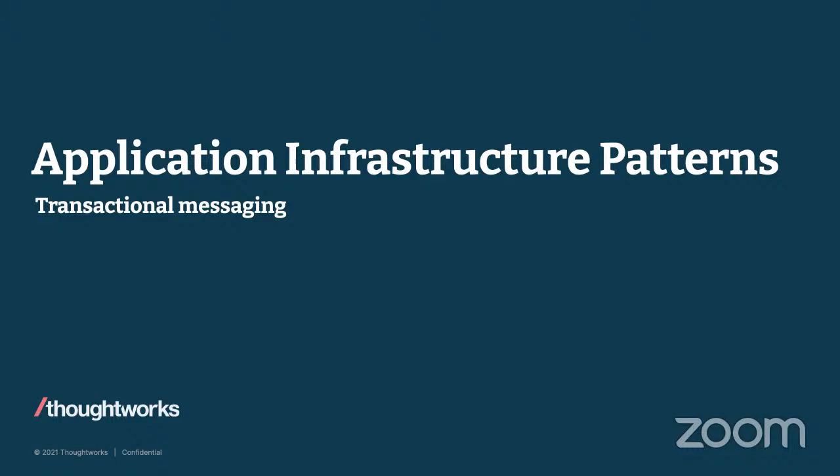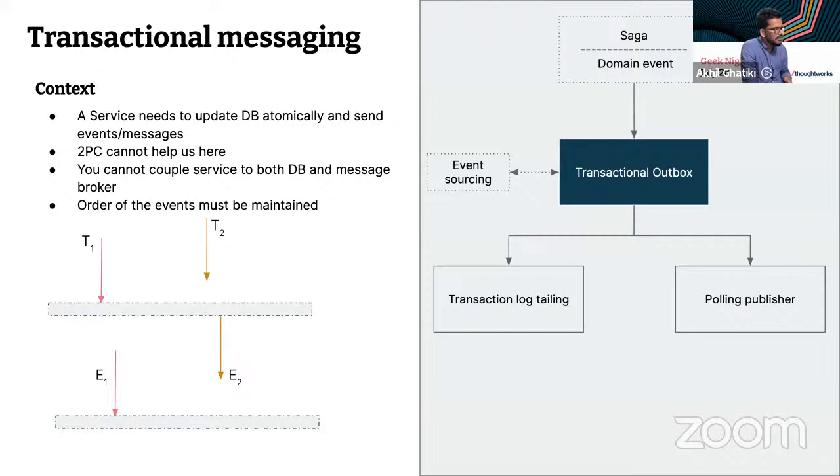Yeah, cool. So we'll take a look at transaction messaging. A couple of questions have already come up. So these are again concerns that are coming from sagas and event sourcing. How do you make sure the transaction is reliable, that you made a proper logical atomic commit into your database, and only then you are sending out the event to other services?